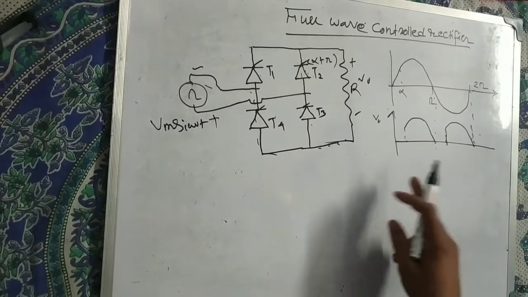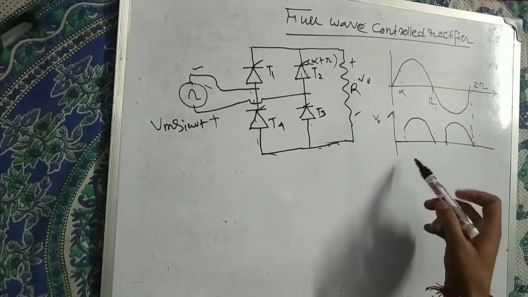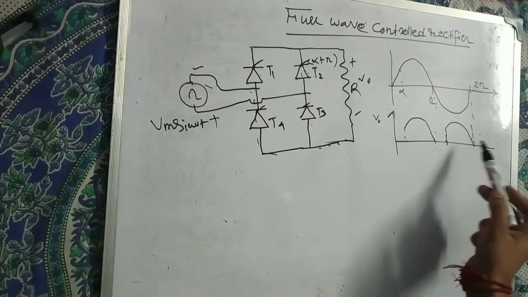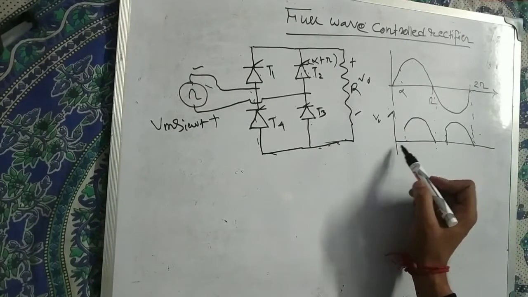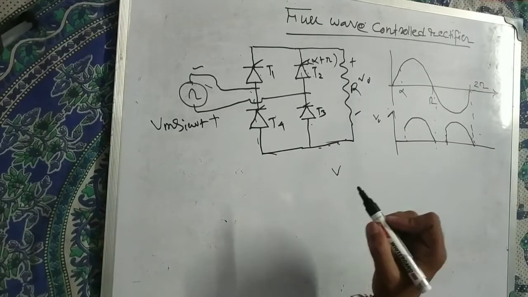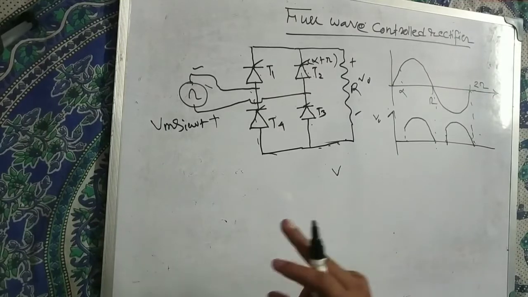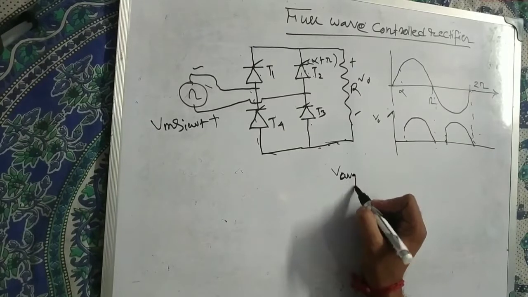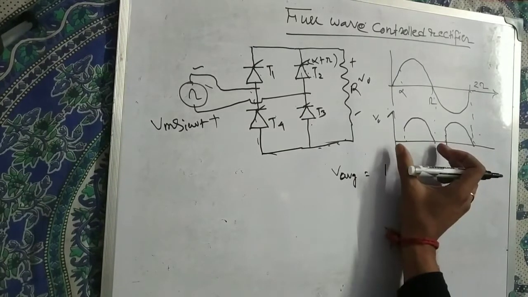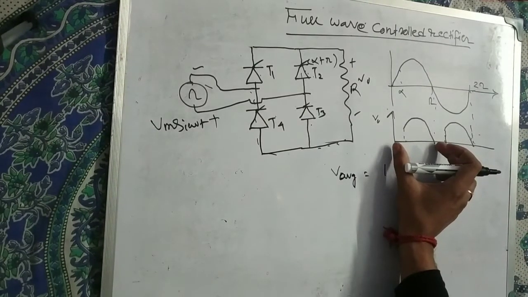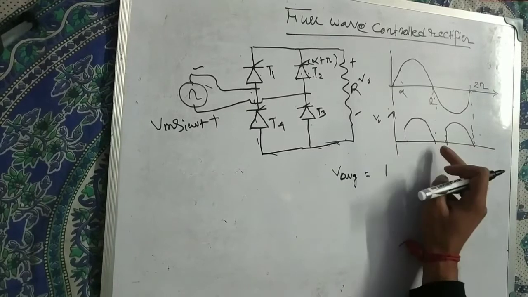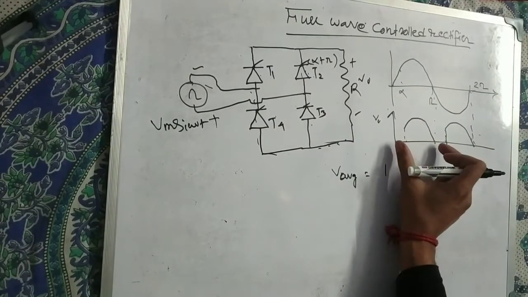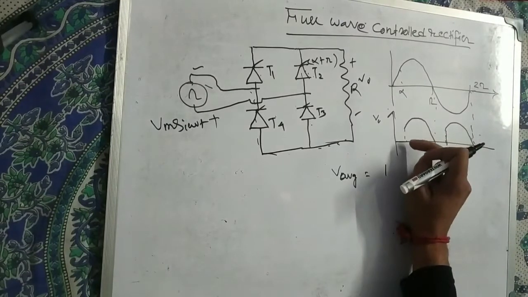Now we have to find the average output voltage and the RMS value of the output voltage. How will we find the average output voltage? We have already done this for the half wave rectifier. V average equals 1 by the time period. The output signal repeats every pi, so the time period is pi, and the active portion is alpha to pi.